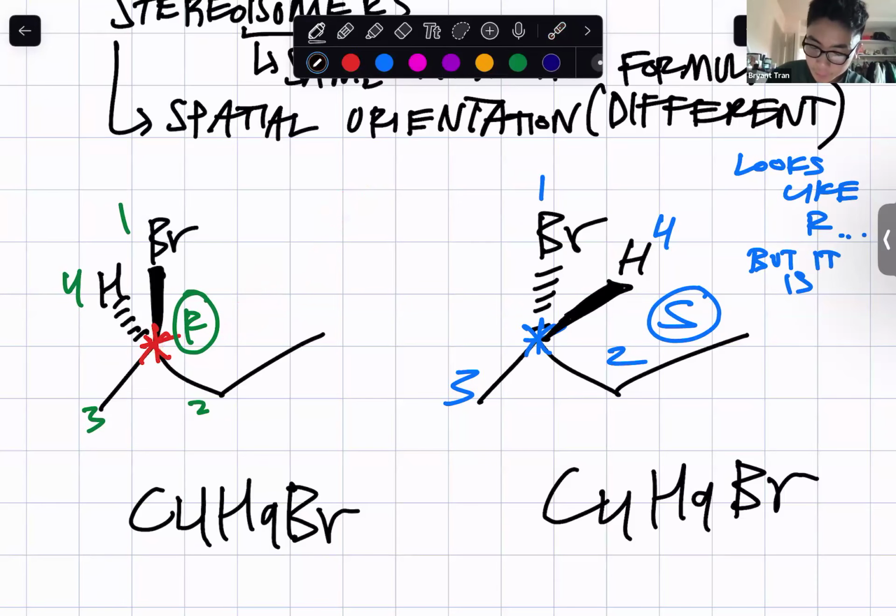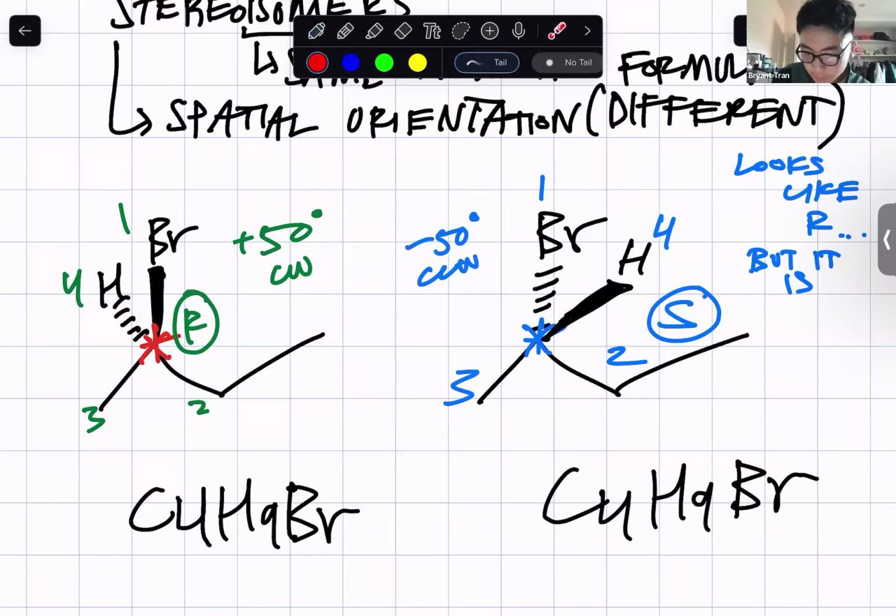So let's say, just for an example, because this is R, it rotates it positive 50 degrees clockwise, right? Then if this is the enantiomer of this, if we shine light through this molecule, it's going to rotate 50 degrees counterclockwise. So they rotate the light in the same magnitude, meaning the same number, but in the opposite direction.